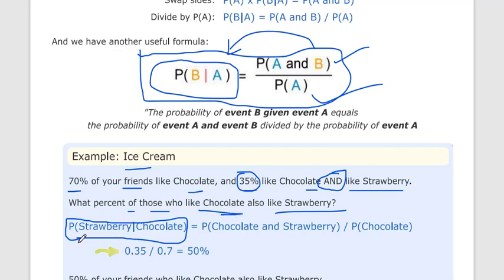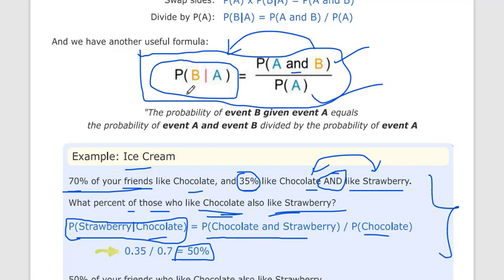We write it as the probability of strawberry given chocolate has already happened. It is the probability of chocolate and strawberry, 35%, divided by the probability of chocolate, 0.7. So there is a 50% chance that a friend who likes chocolate also likes strawberry. Simple.